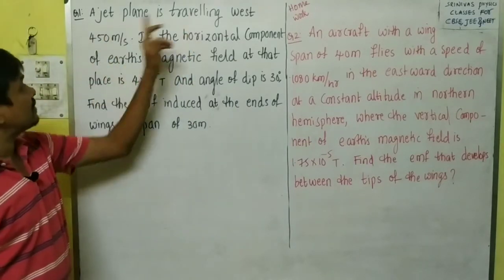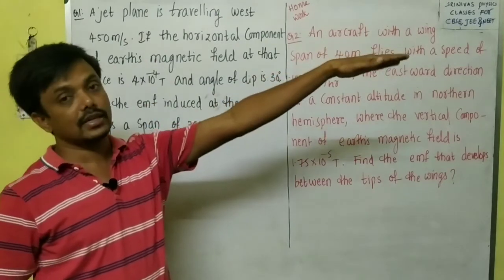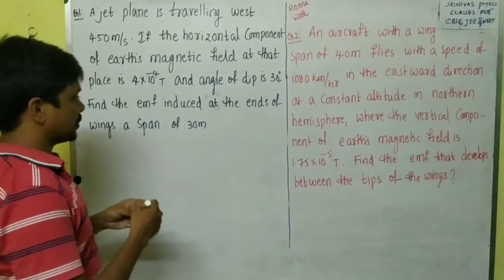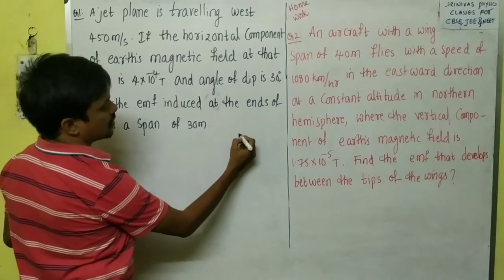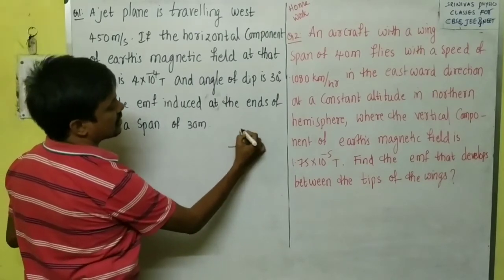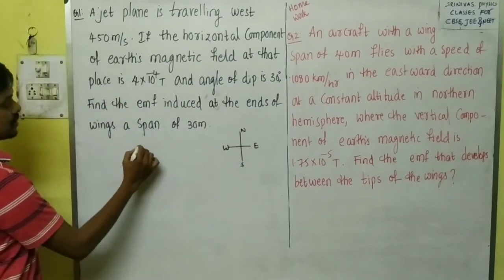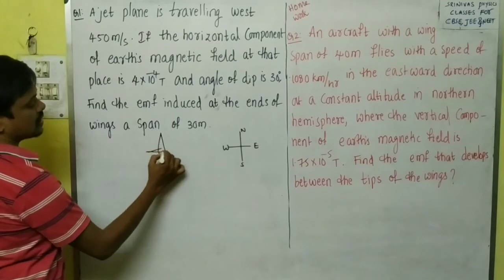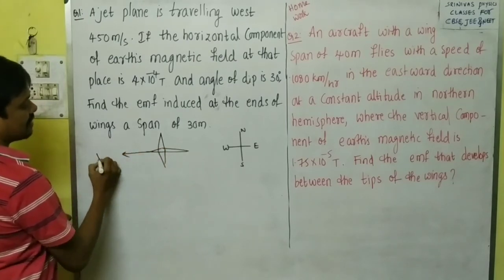A jet plane traveling west. For example, this side is west. The jet plane is traveling towards the west like this. We can take north, south, east, west. For example, this is a jet plane traveling in the west direction with a certain velocity.